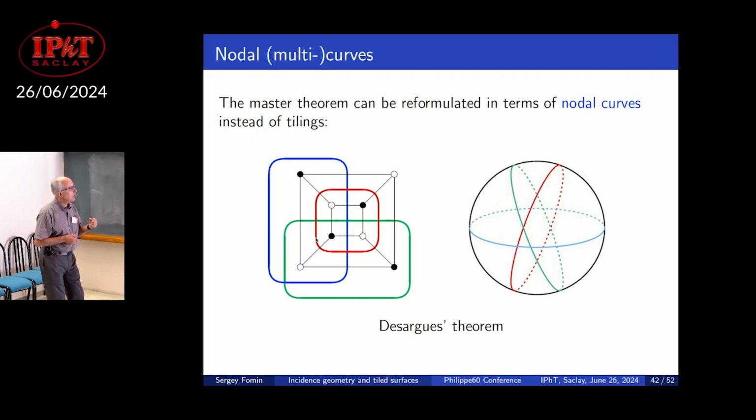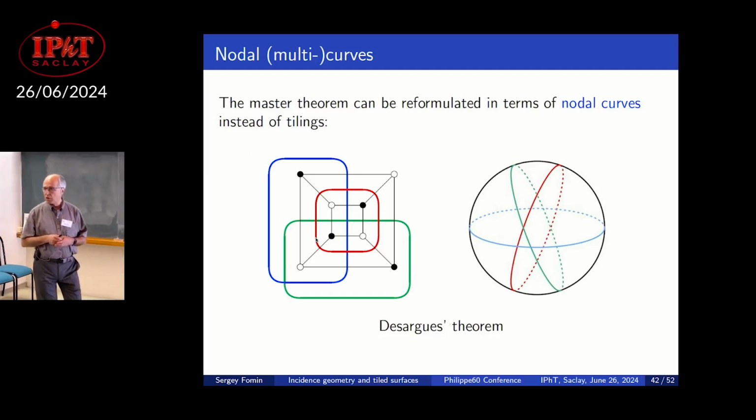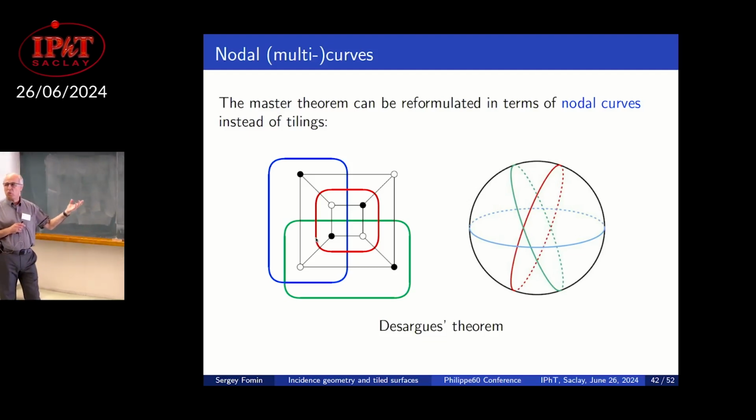For each tile, connect the opposite sides of the tile by a segment of a curve, and then connect them across those edges, and you will get several closed curves which intersect transversally. So quadrangulations are cryptomorphic to multi-curves. It's just the same object, just in disguise.